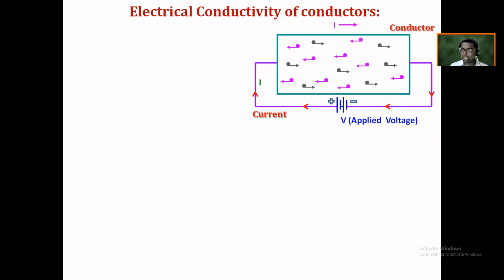Get my point? And these obstacles always oppose the flow of free electrons. So because of this concept, a term comes into the picture. So what is that term, that opposition, what do we call it?